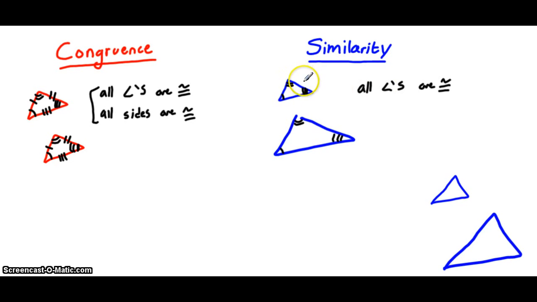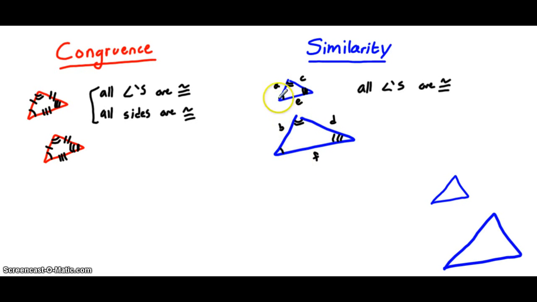But different from congruence, with similarity, we need to show that all of the corresponding sides, such as AB, CD here, and EF, all of those sides have to be not congruent, but proportional.